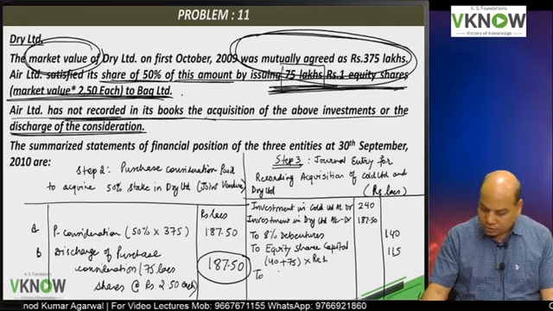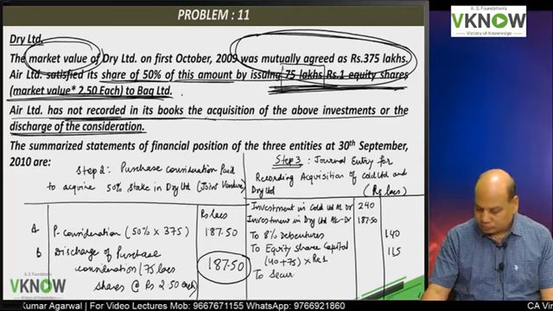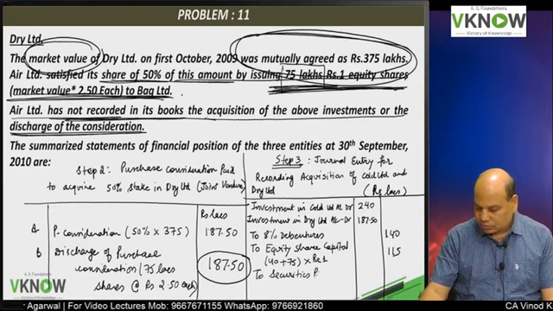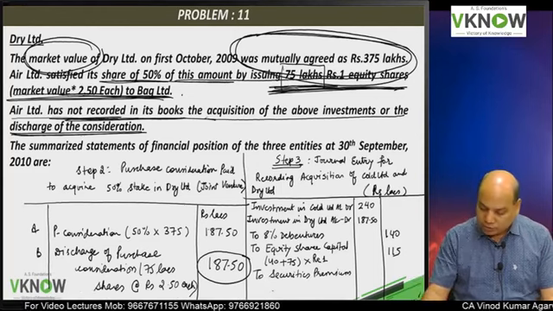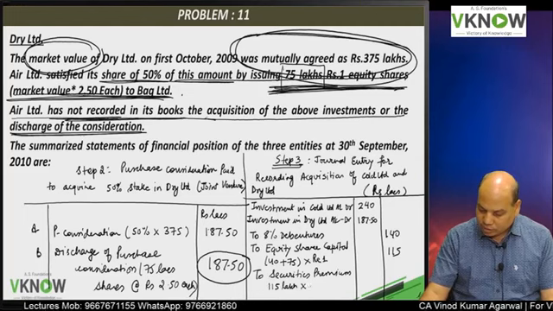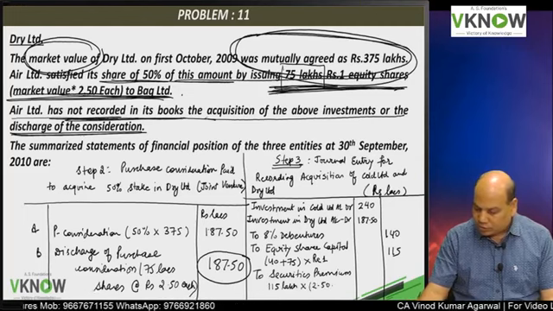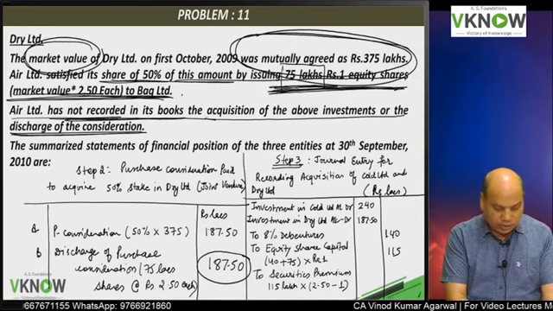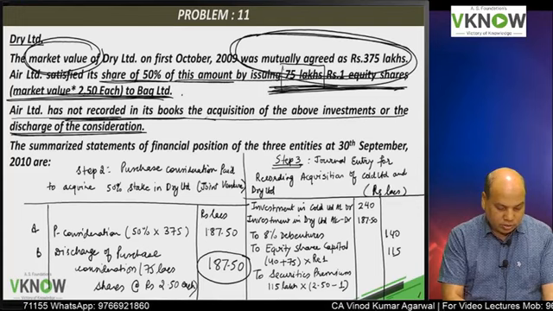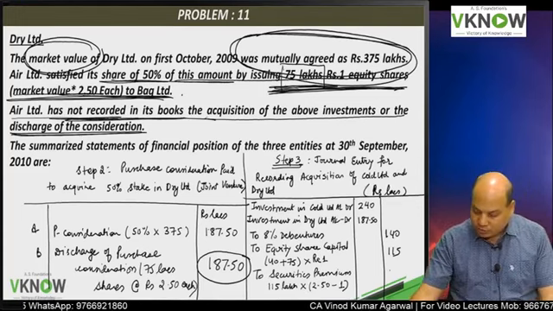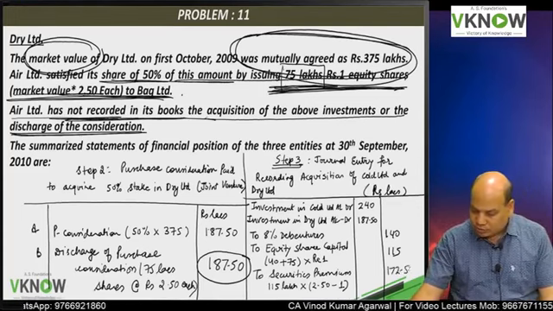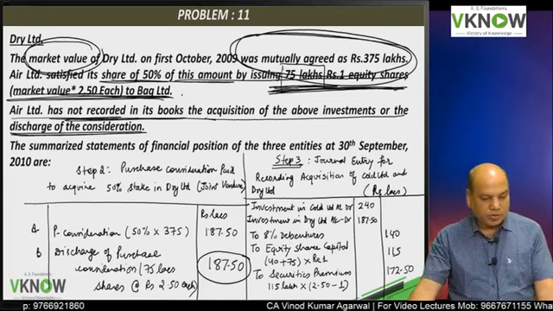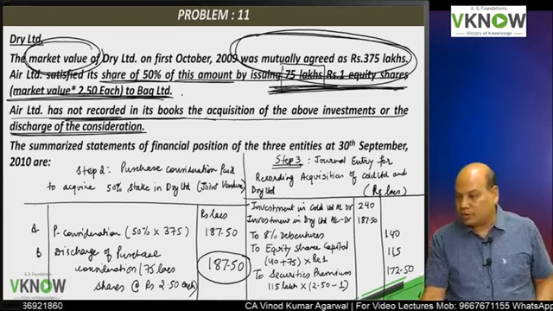And to securities premium, because shares were issued at 2.50, securities premium will be 115 lakh shares into 1.50, since the issue price is 2.50 and 1 rupee is share capital. So multiply, the share premium will be 172.50.